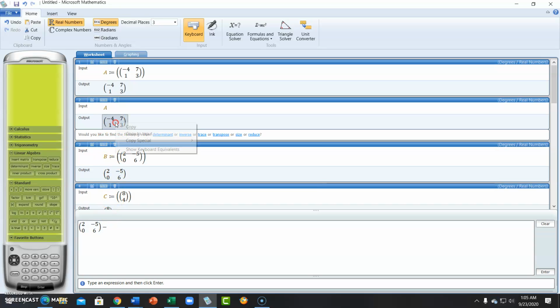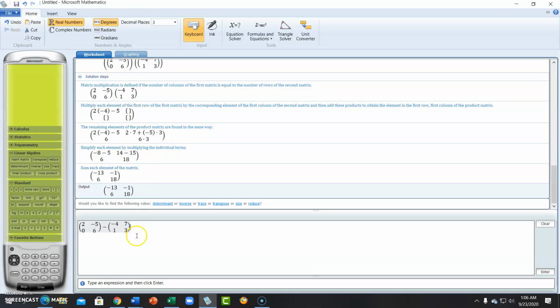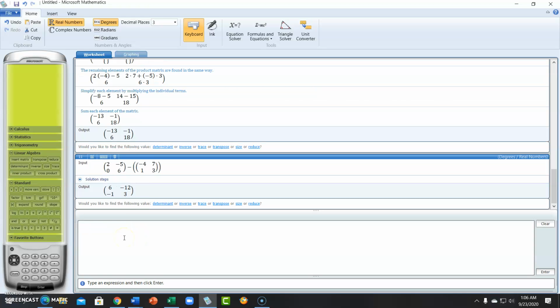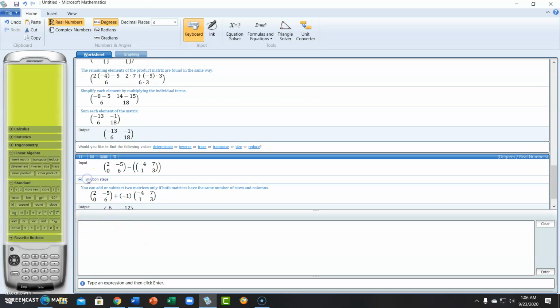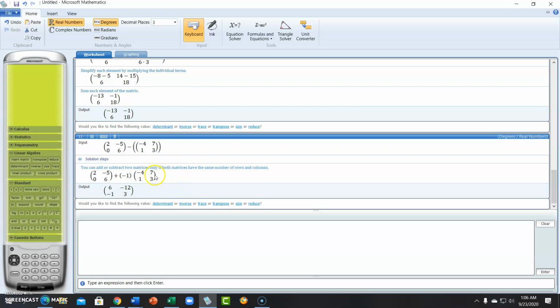I'm going to say minus, this is matrix A, and that's the great thing of having this input screen, and it keeps all this in our worksheet. We can always go back and reference stuff we've had before. So now I'm going to press enter. And look, we have the solution steps again and how they got their solution.